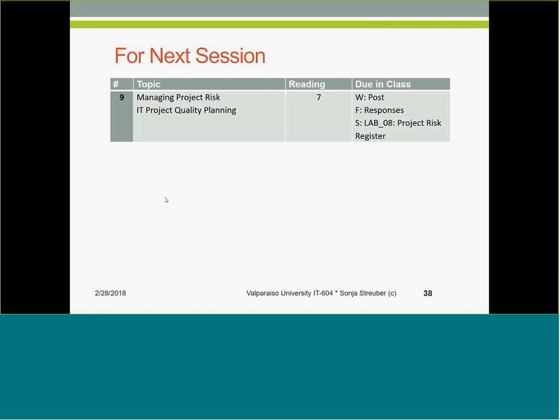And in our next session, we will look more at project risk in terms of IT project quality planning. And we just had the question of whether these quality metrics apply to waterfall or agile project planning, and believe it or not, they do apply to both.